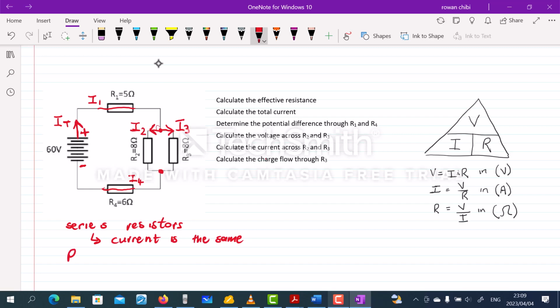But for parallel resistors, we used to say current divides.